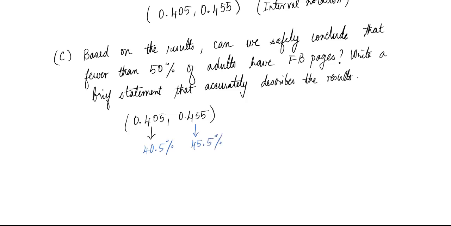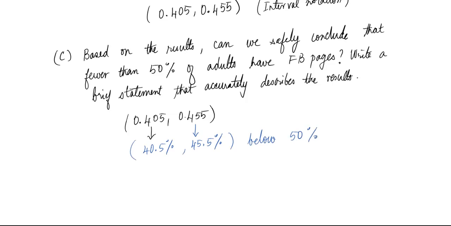So your p lies in this interval, right? So your 50 is far away. So your p is going to lie in here with a 95% confidence. So that means this is below the 50% mark. So it's fewer than the 50%.